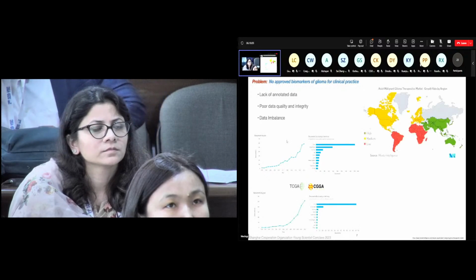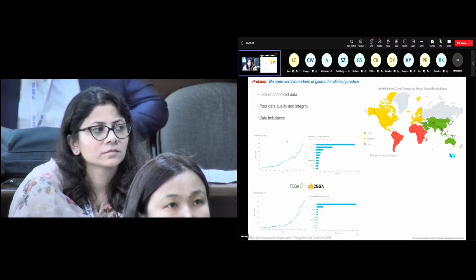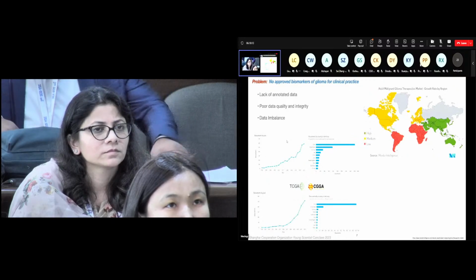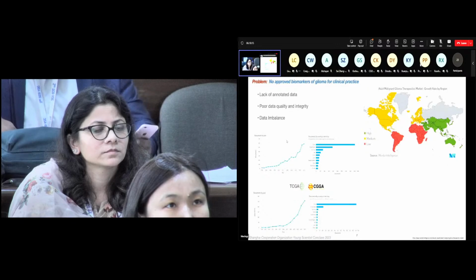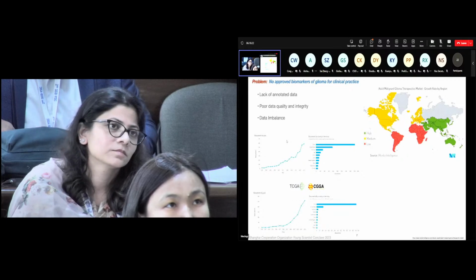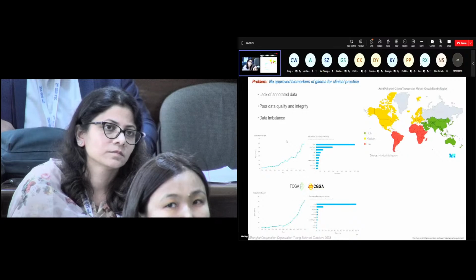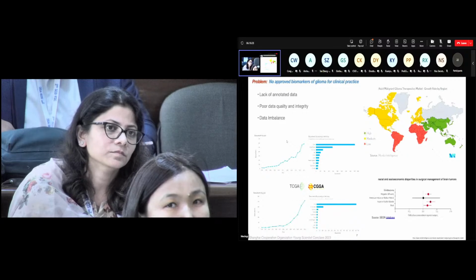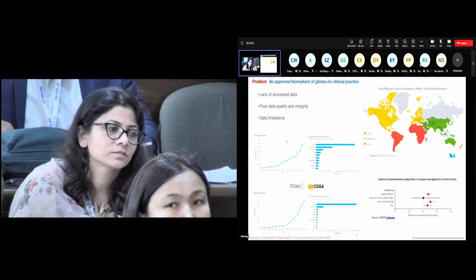But if you look at the market in the Asia Pacific, it is anticipated to register an above-average growth rate during the forecast period, owing to a relatively large patient population demanding affordable care and improvement in healthcare infrastructure to aid in the early diagnosis of malignant gliomas. Also, there exists racial and socioeconomic disparity in surgical management of brain tumors.